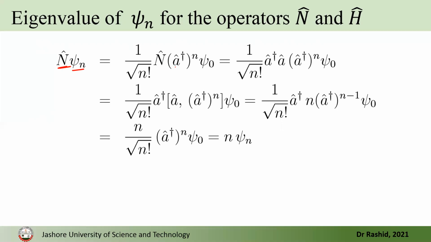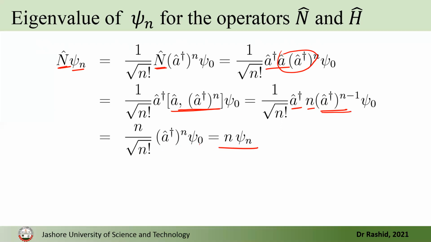So we have the number operator acting on that. Now we can write the explicit details of the number operator. This is a hat dagger a hat, and then we continue this. But this is what we know. Then this we know can be written as this one, and we know the result is a hat dagger to the n minus 1, multiplied by n, but we have a hat dagger here, so we have n minus 1 here. So if we do the product, we simply get this one, and we simplify it.